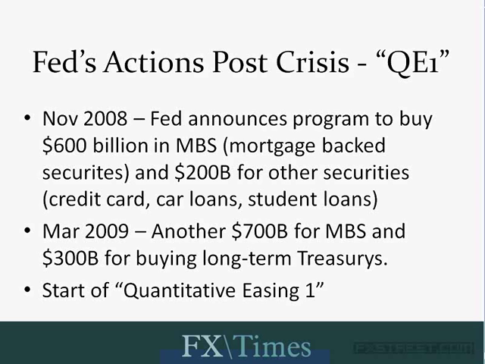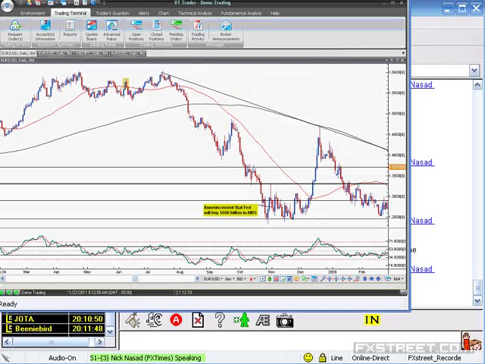So the Fed announces this program in November 2008, and then in March 2009 comes back to say that it needs to buy another $700 billion in mortgage-backed securities, as well as $300 billion in longer-term treasuries, which for me is the official start of quantitative easing, when the Fed actually goes out and buys longer-term treasuries.